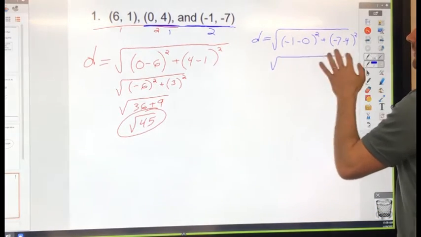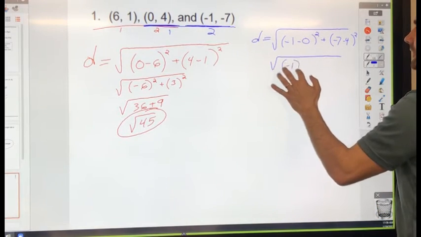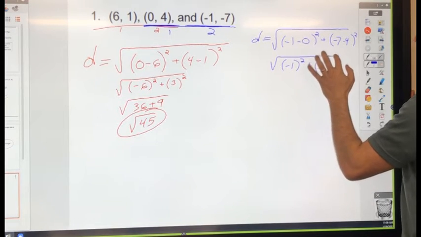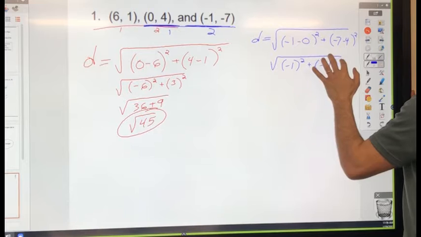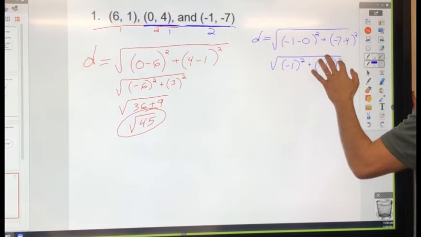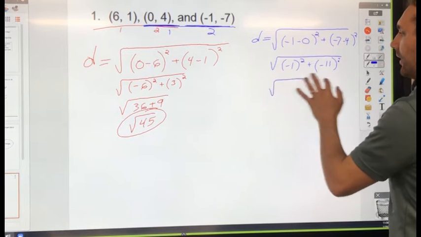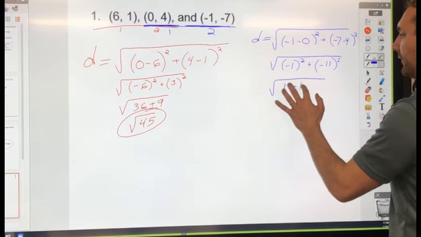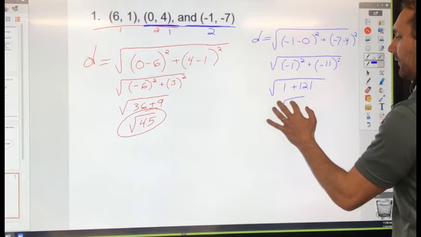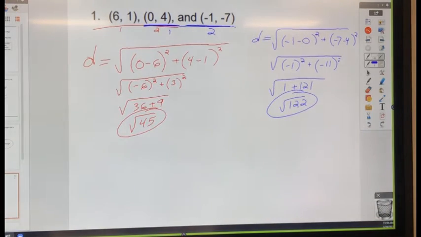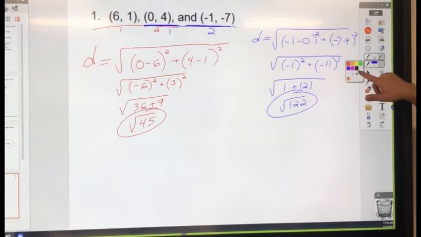That's going to give me the square root of -1 squared plus -11 squared. That's the square root of 1 plus 121, and I get the square root of 122. Again, just keep it as a radical. So there's 2 sides. One more.